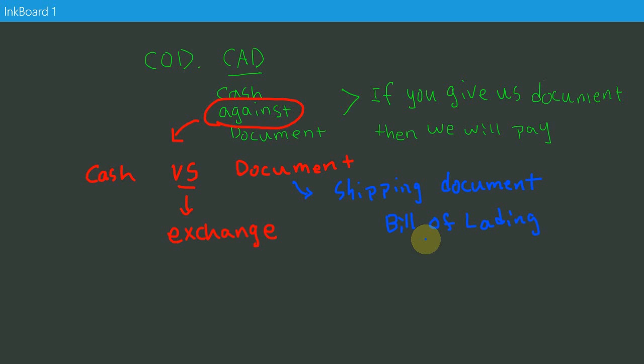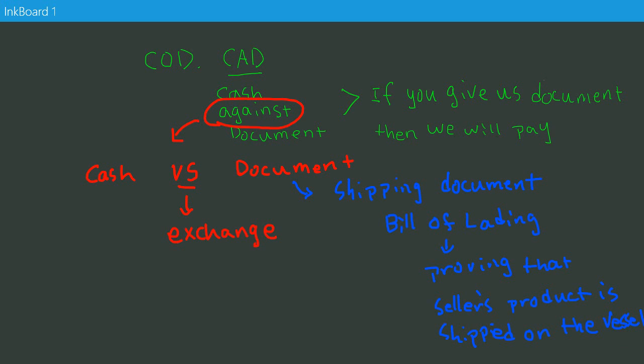The bill of lading is a document proving that the seller's product is shipped on the vessel.